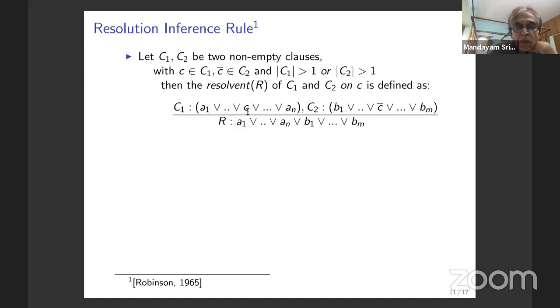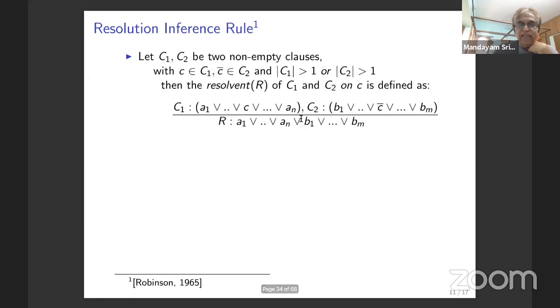As I said, you resolve on this variable C, which occurs in opposing polarity in the two clauses. From that, you derive the resolvent by eliminating the literal that appears in opposing polarity and taking the union of all the rest of the literals in the two clauses.